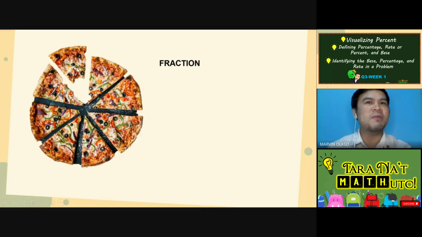What is the fraction form? What is now the decimal form? Ratio and percent represents what you have eaten. So, ayan. Let's start with the fraction form. It's very simple. 1 out of 8, it is 1/8.